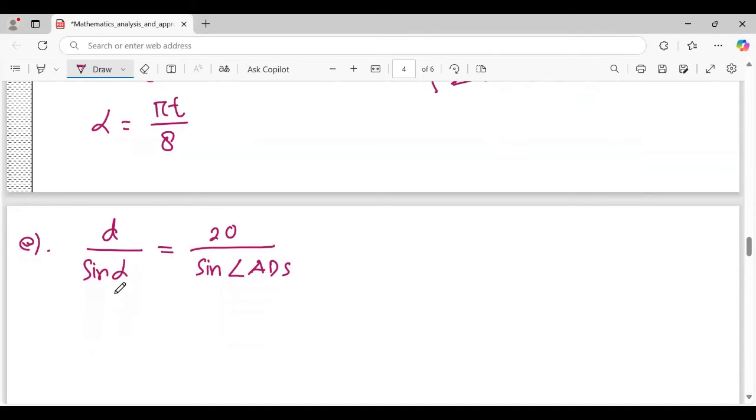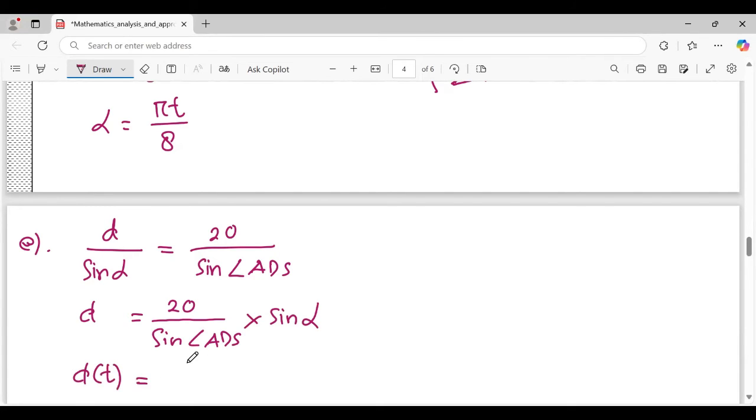So we can find D through this equation: D equals 20 over sine of angle ADS times sine alpha, or D in T, 20 sine alpha.